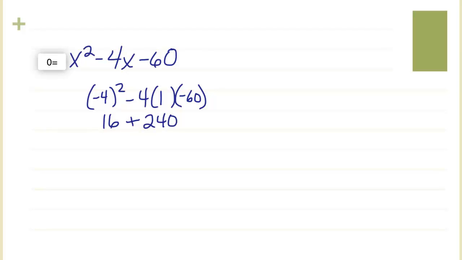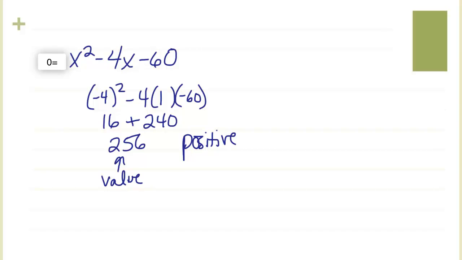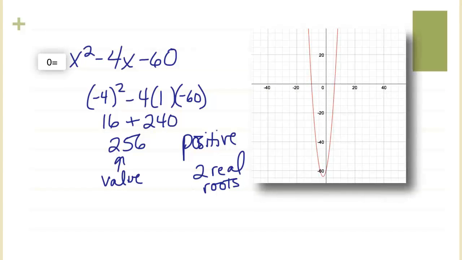Okay, that's an awfully big value, but all I really care, usually, again, I might be asked the value. If I'm asked the value, that's what it is. But all I really care about is that it's positive, so that means it has 2 real roots. And we could factor them to easily find it, but there's a quick graph just to show you what that looks like.